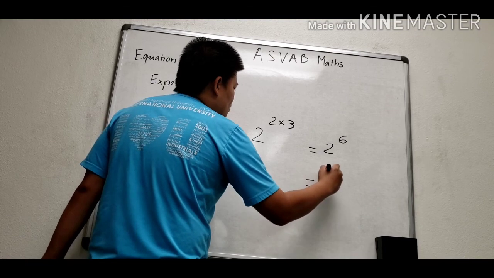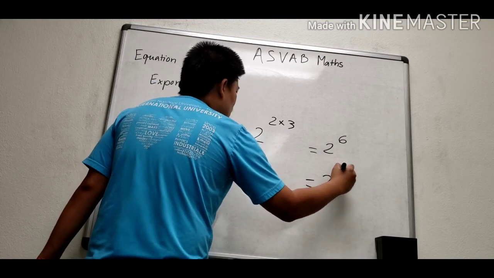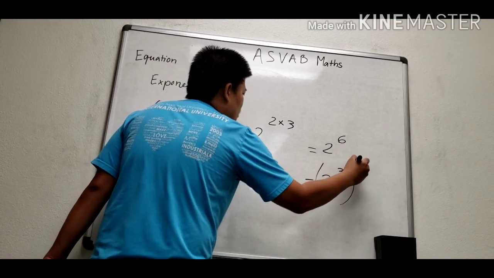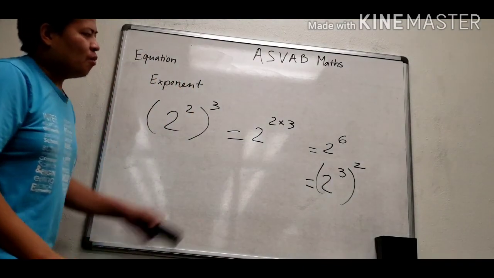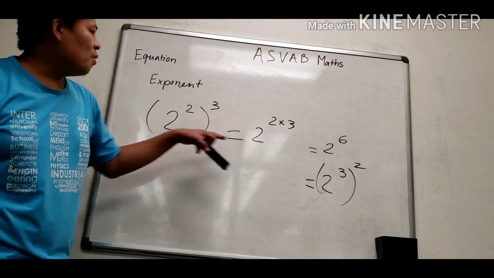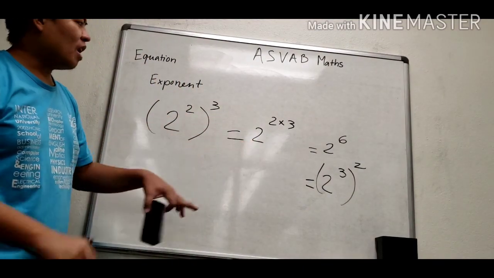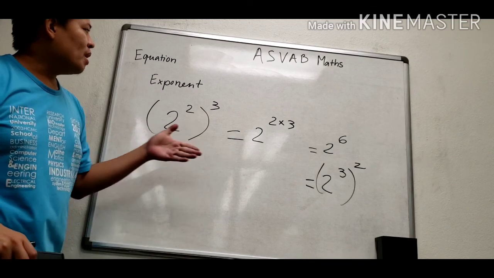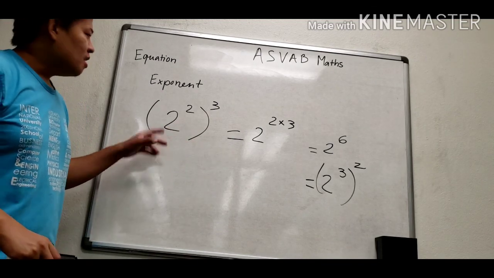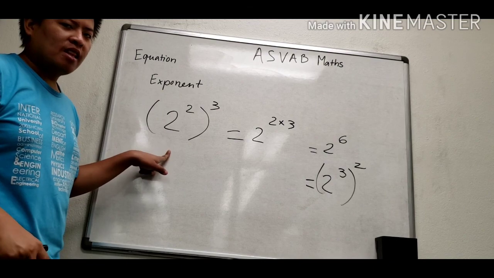Or it can be 2 power 3 with 2. Both ways are equal to this number, so you need to learn how to do exponents in the basics. The question in the ASVAB, they will ask like this.